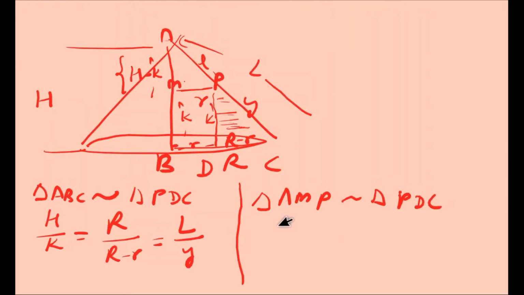So we can take this ratio h minus k upon k equal to small r upon capital R minus r equal to small l upon y.